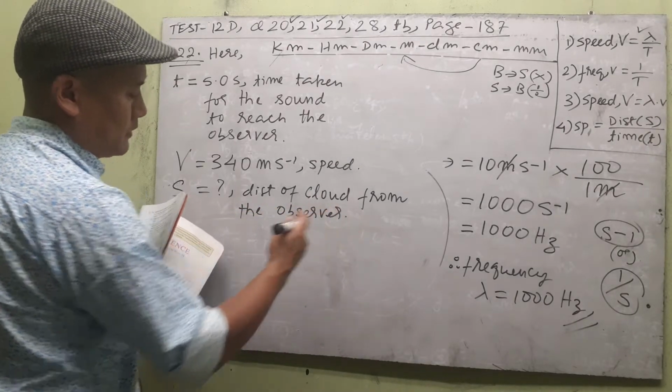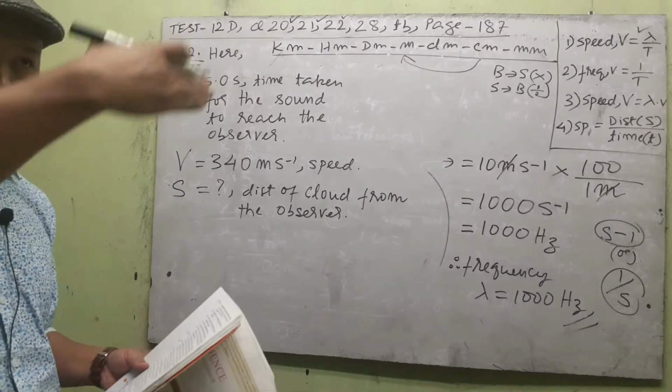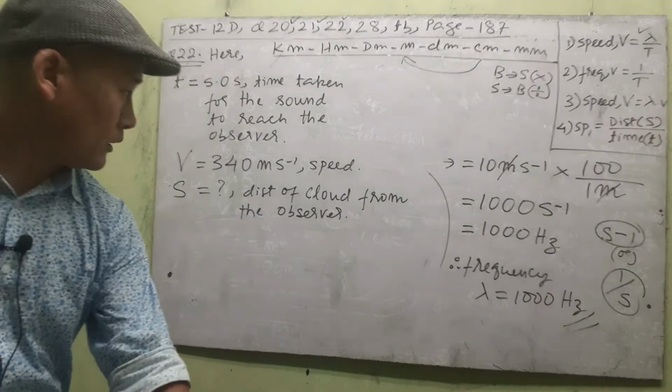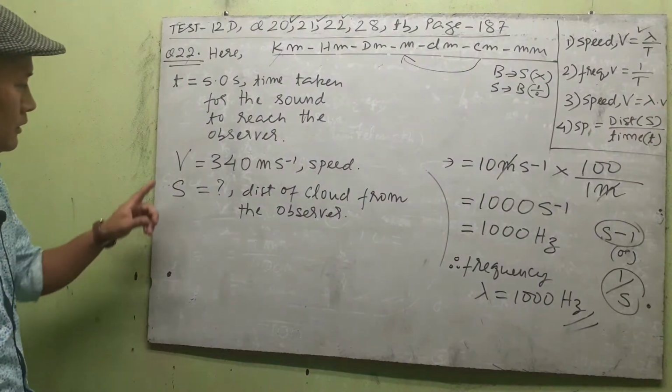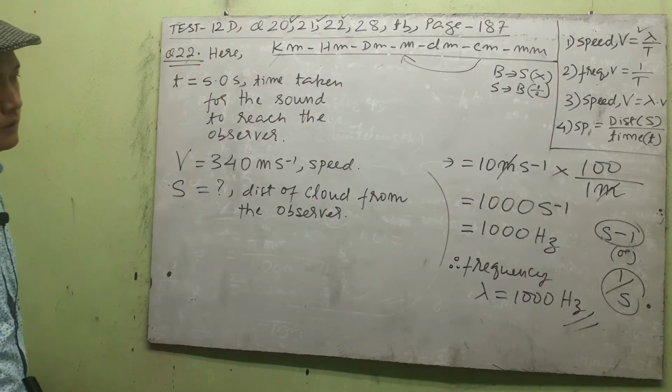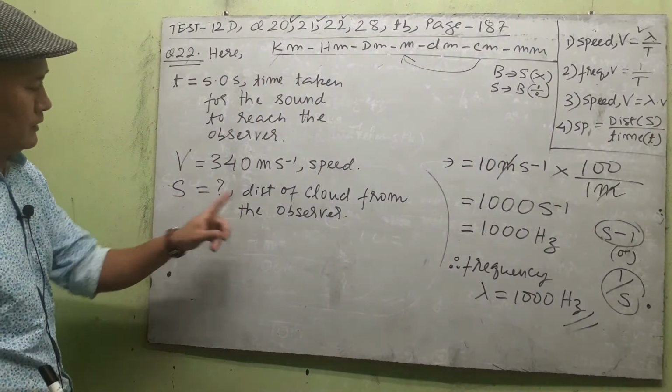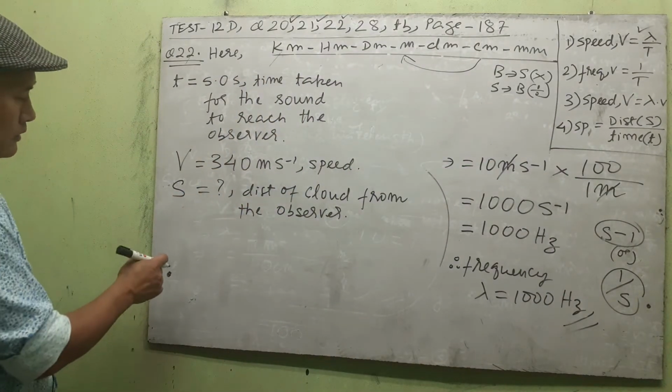The observer is standing here, the cloud is there, so the distance between the lightning point on the cloud and the observer is what we need to find out. Speed, distance, and time are there, so we have to use formula number 4. We need to find distance S, so let us use this one.